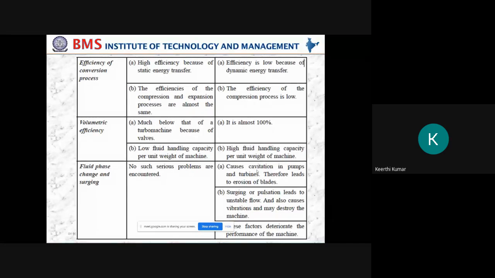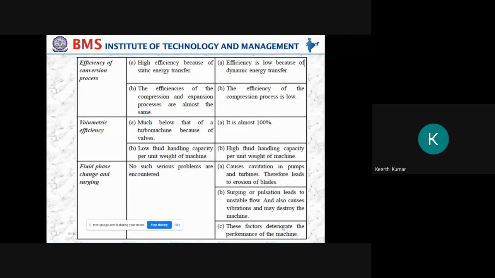Because of the cavitation, the blade surface may get rough, which is also called an eroded surface of the blades, and there is a problem of surging, and vibration also occurs that may disturb. Because of the surging, there may be vibration over a longer duration. If I use the turbo machine for a longer number of hours, there may be a problem of surging, or a problem of corrosion or erosion.